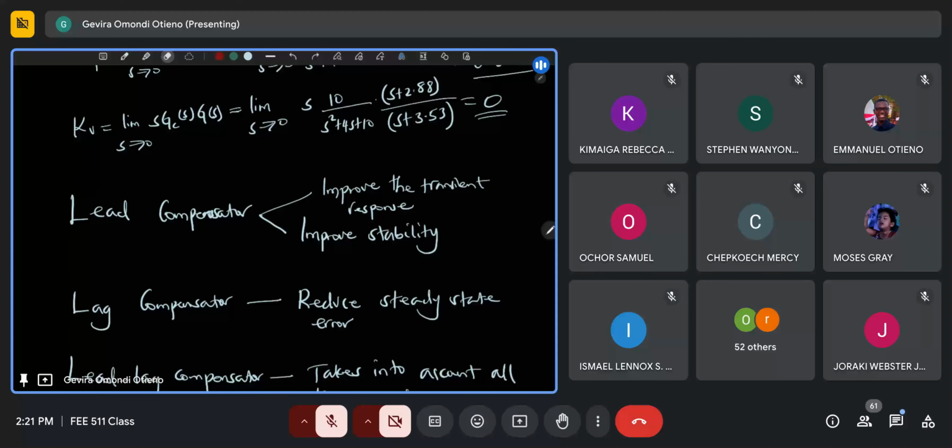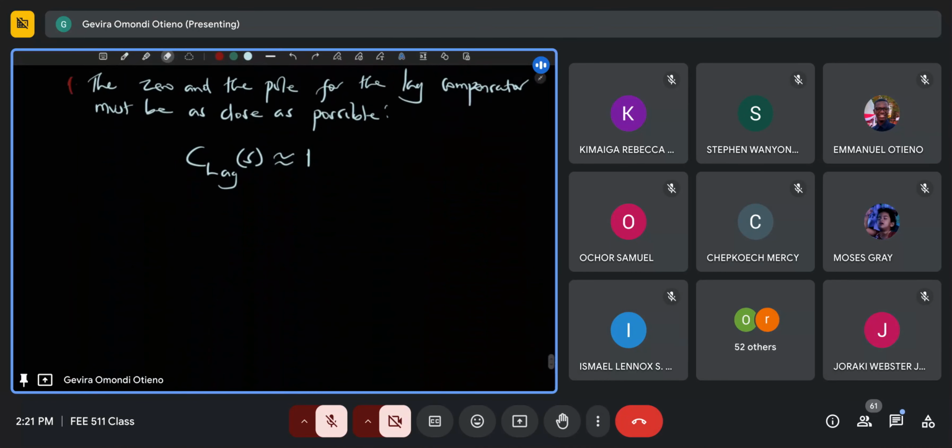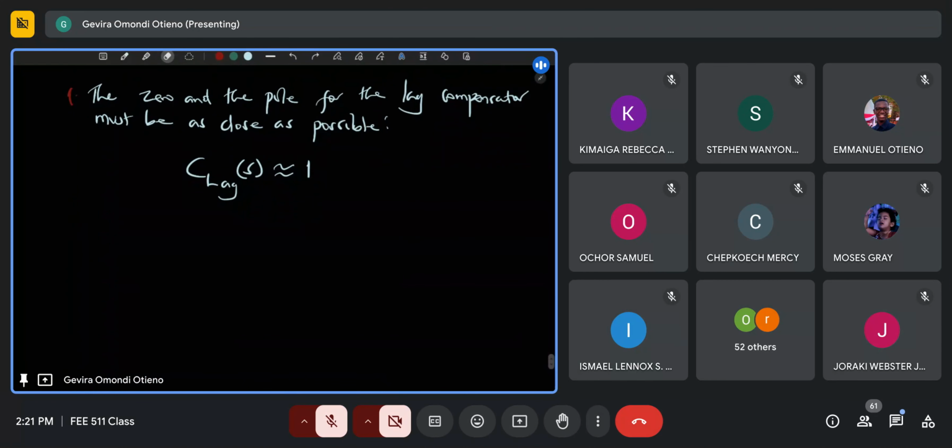Okay, to illustrate it properly before I continue, let me draw a system without compensation, and then another one with compensation, where the compensation I'm talking about is the lag compensation.